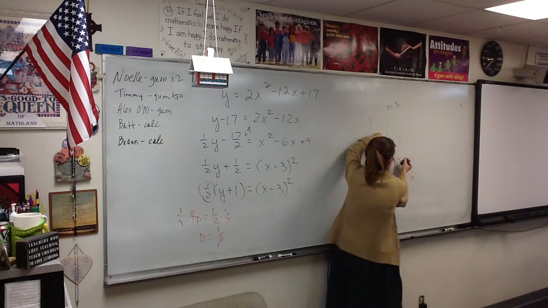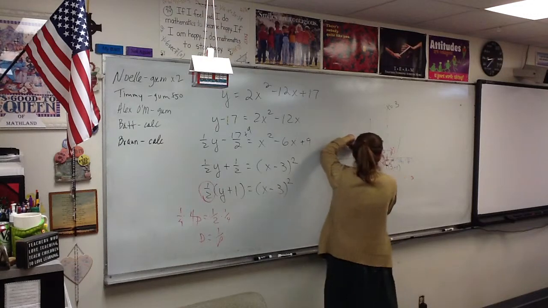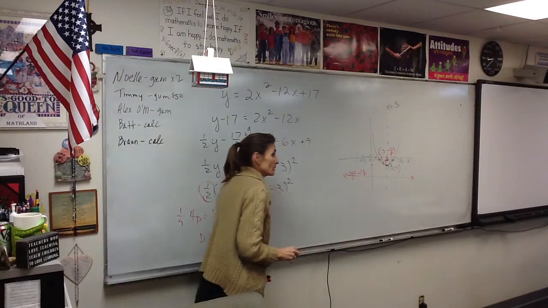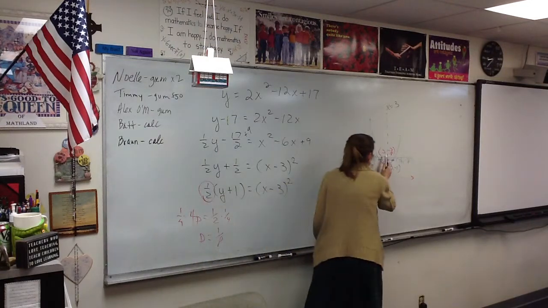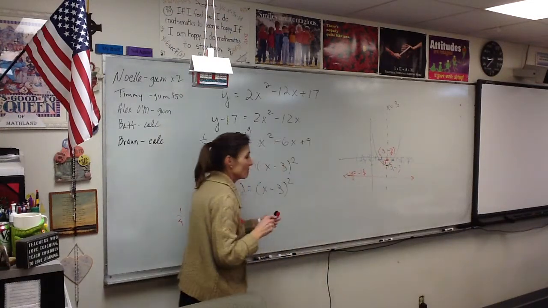So where will I be? 3 1/4, -7/8, and 2 3/4, comma, -7/8. We're starting at the red point and going back and forth 1/4.